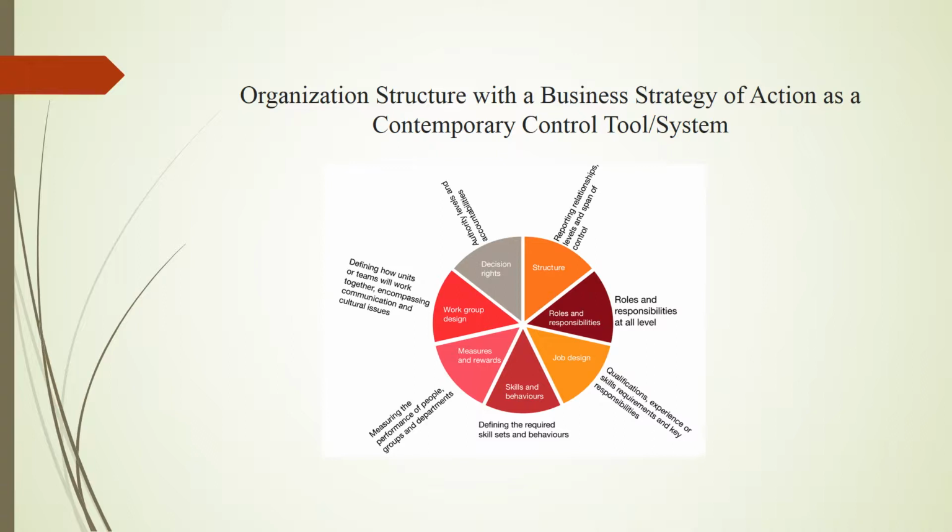Organizational structure with a business strategy of action is a control tool system. Within that, you're going to have different areas which can be defined, such as structure, decision making, rules and responsibilities. You're also going to have job description, skills, behaviors, measurements and rewards, and also work groups. Each one of those areas is a key component to business strategy structure.